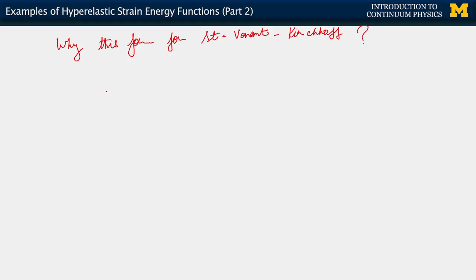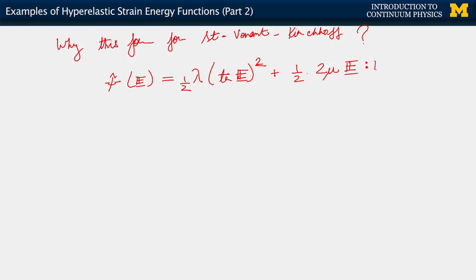Okay, it's just that now when you look at psi hat, remember we have this form: 1/2 lambda, trace E squared, plus 1/2 times 2 mu. Okay.